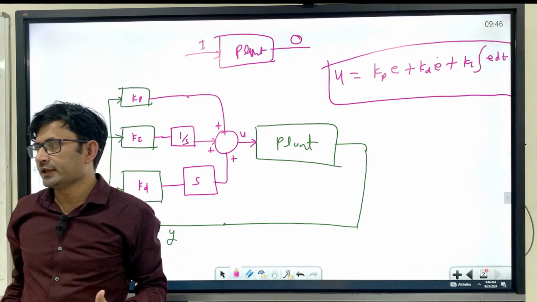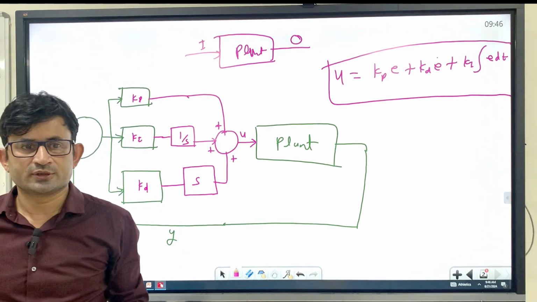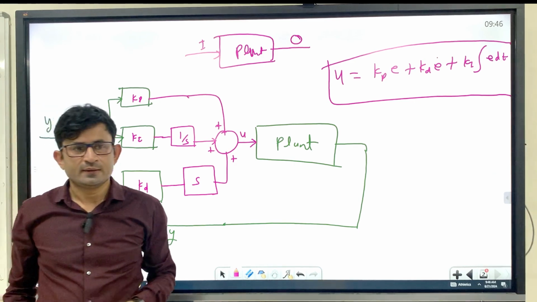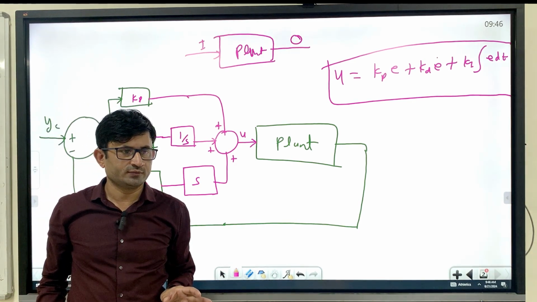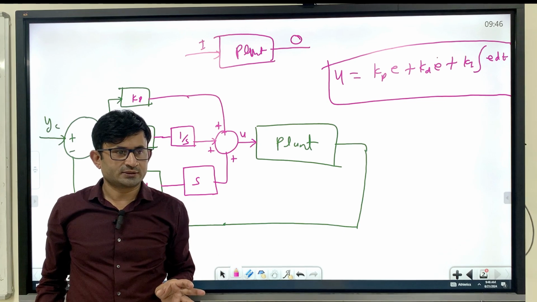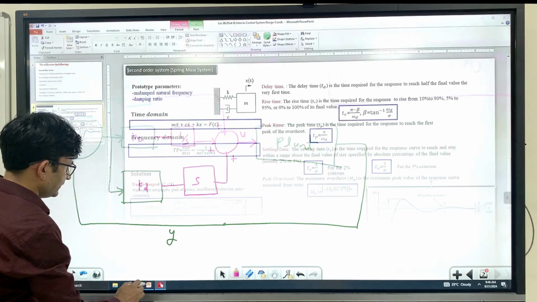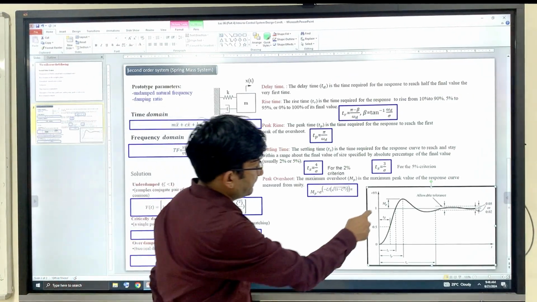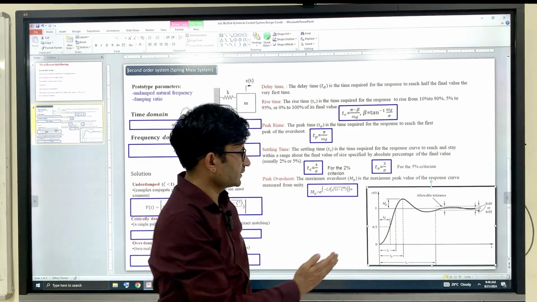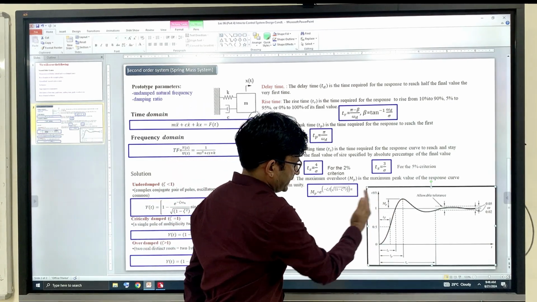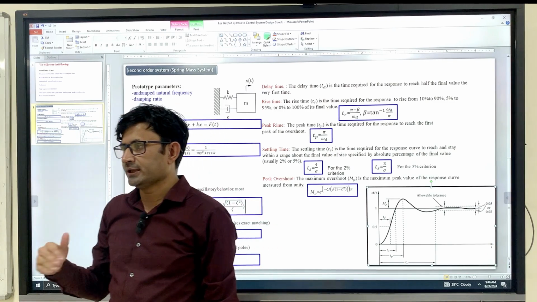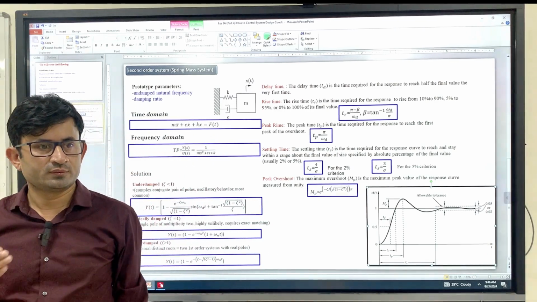impact of this gain on the system response. So one thing is clear, by increasing the proportional gain you will make the system response faster. So now we can see, if you want to reduce the peak time, rise time, this means you want to shift the curve in this direction, you have to increase the proportional.